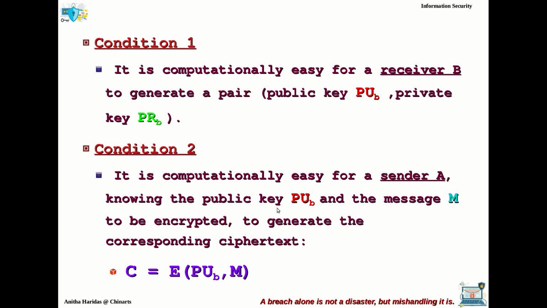If the sender knows what is the public key and what is the message to be encrypted, he must have an encryption algorithm which is mathematically or computationally easy for him to generate the ciphertext. This is the second condition. So the first condition says it must be easy to generate a pair of keys, and the second condition says it must be computationally easy to generate the ciphertext with the public key and the message.